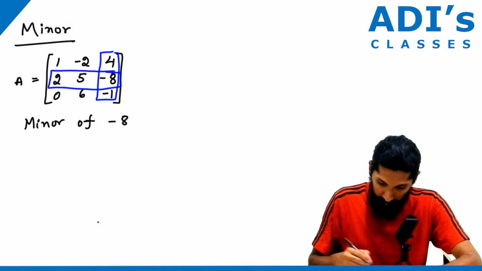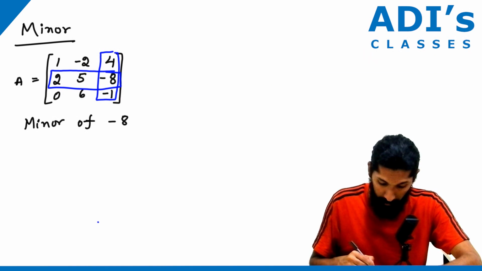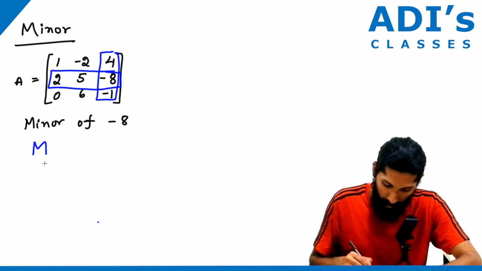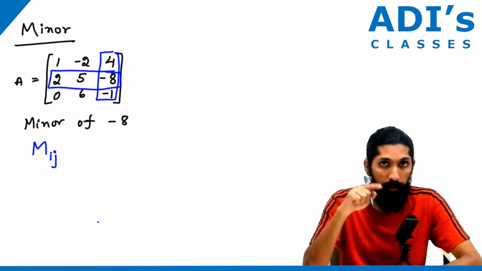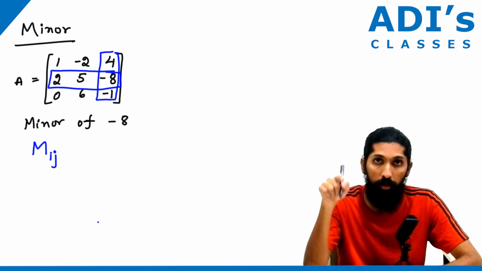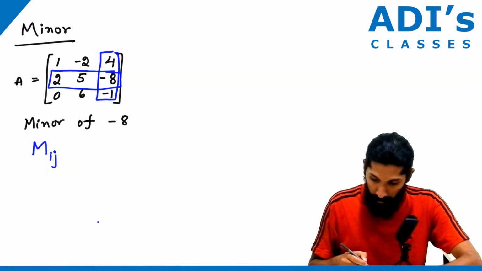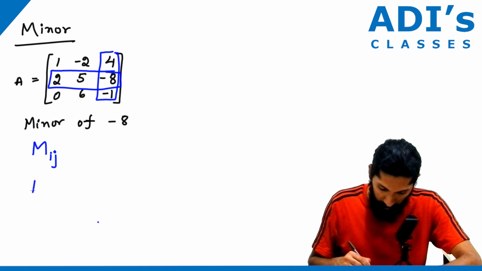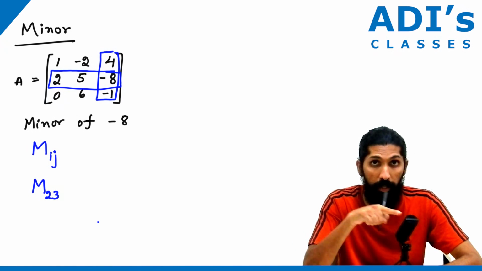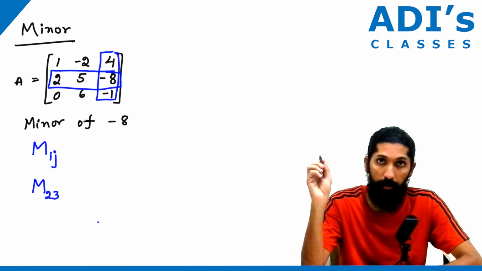We represent the minor as M i j, the minor of the ith row and jth column element. So in this case, we are looking at minor of 2, 3, in the sense the minor of the second row, third column element.